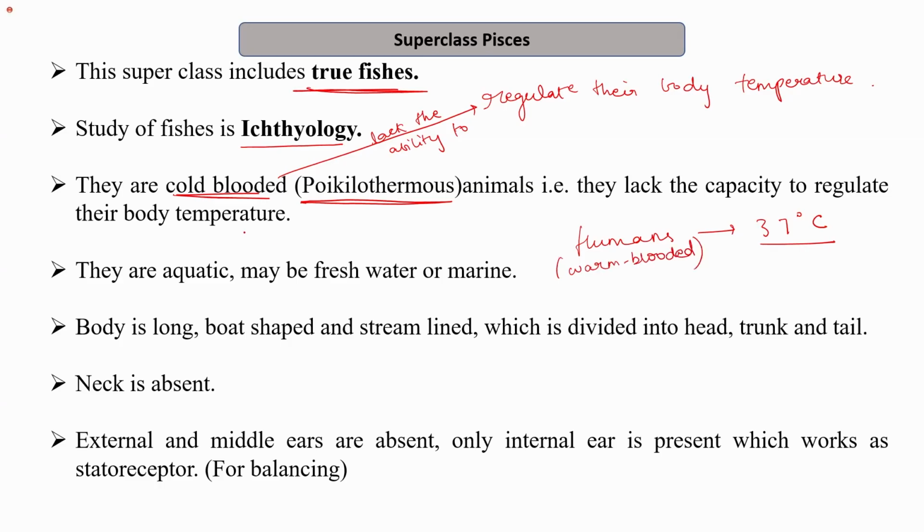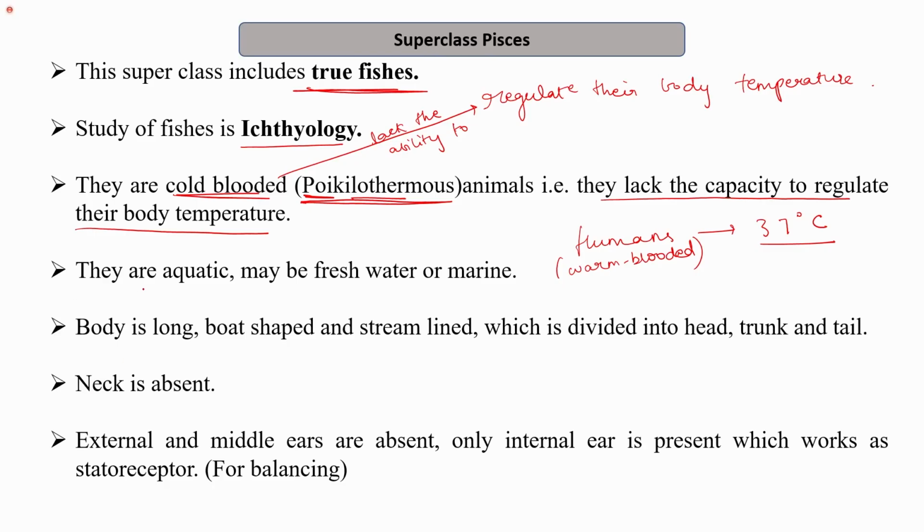But the fish are cold-blooded animals, that is they are poikilothermous. They lack the capacity to regulate their body temperature. Therefore, they have to change their environment in order to survive if they face any temperature issues.